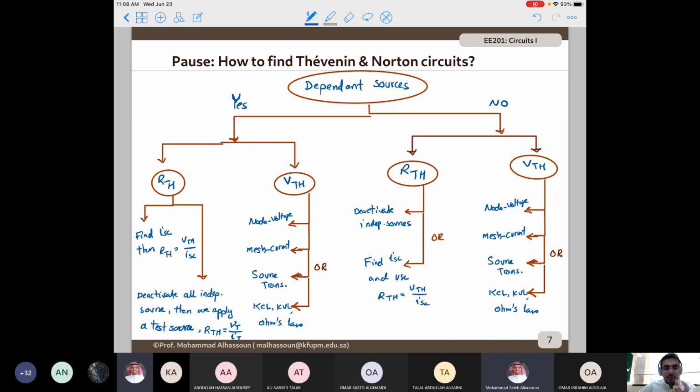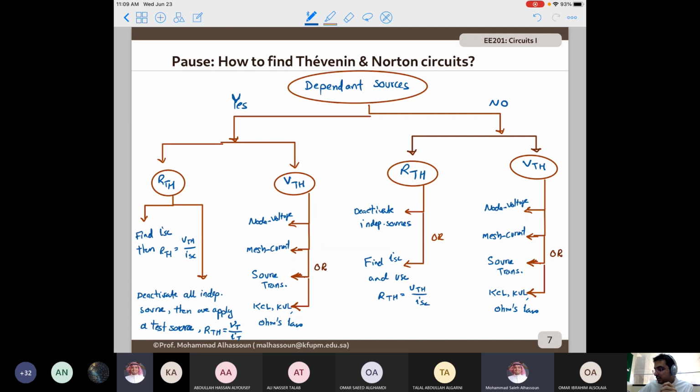So you either apply a test voltage source with a specific voltage that you know in advance and find the current in terms of the voltage, and the ratio will give you the resistance, or you do the other way around. You apply a test current and you find the voltage response to that test source, and taking the ratio will give you the Thevenin resistance.